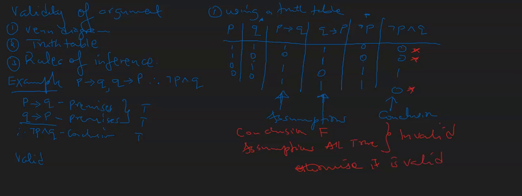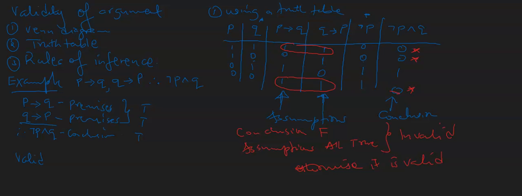If you look keenly at, let's say, this row, where the conclusion is false, the premises are both true. And even this one, the premises are both true.